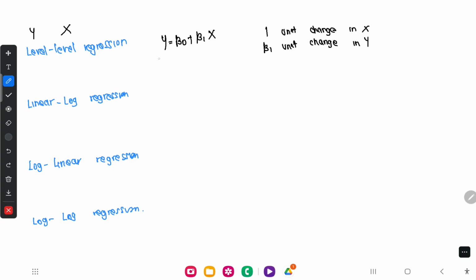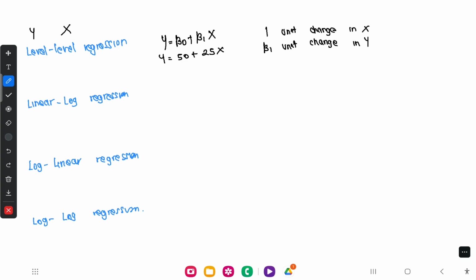Let me give an example. Let's say y equals 50 plus 25x. Then I can say when x increases by 1 unit, y will increase by 25 units. As simple as that.